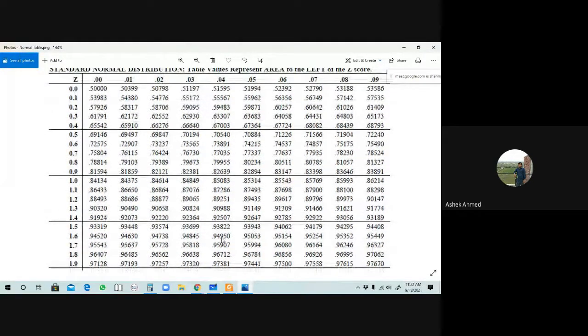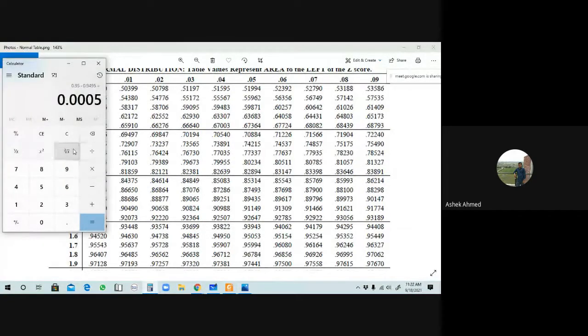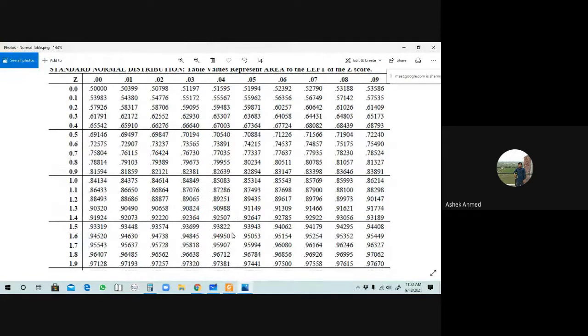Its corresponding decimal places are 0.04 and 0.05. To find the middle point, you have to take the average of these values. So 0.04 plus 0.05 equals 0.09, divided by 2 is 0.045. So 0.95 will be the middle point of 0.04 and 0.05.